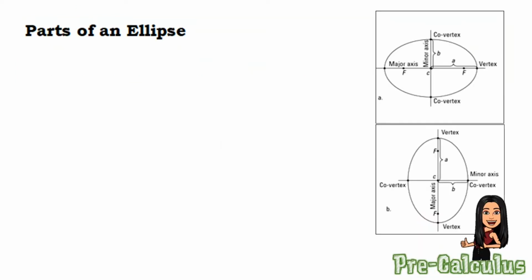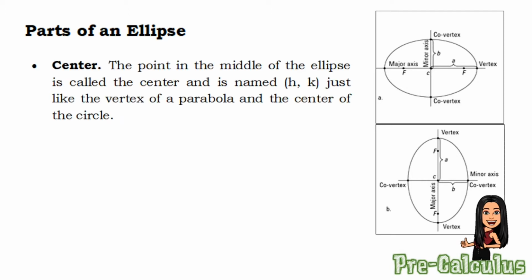For the parts of the ellipse, first, we will be having the center. The point in the middle of the ellipse is called the center and is named (h, k), just like the vertex of the parabola and the center of the circle. So yung ating graph dito sa right side, if you notice, both graphs have the center at the origin.